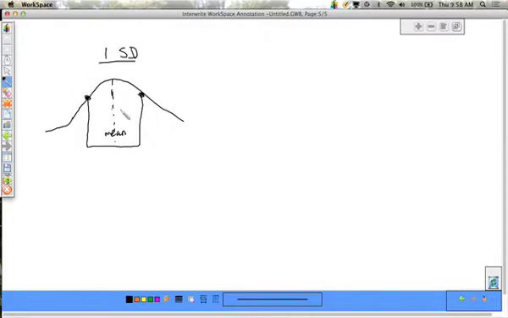So that would mean that 34.15% and 34.15% is on either side. The total within 1 standard deviation below and above is 68.3%. Now, probably should have looked at this first, if here is our mean, how much of our data lies on this side would be 50% over here and 50% on the other side.